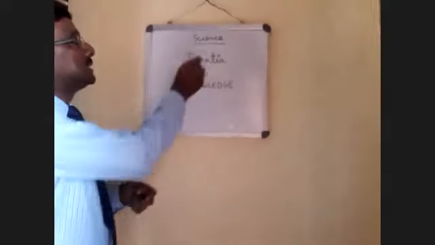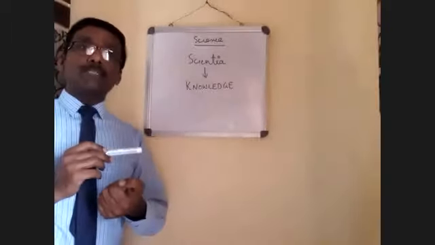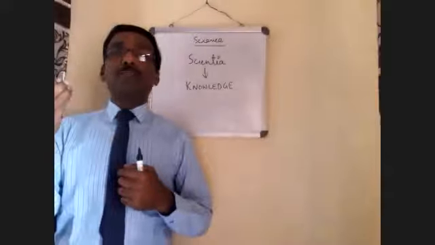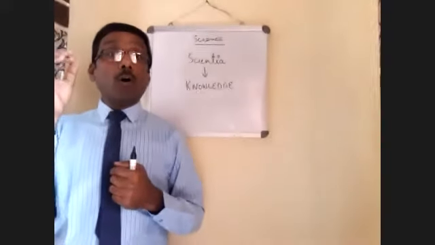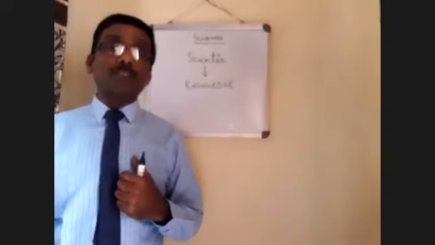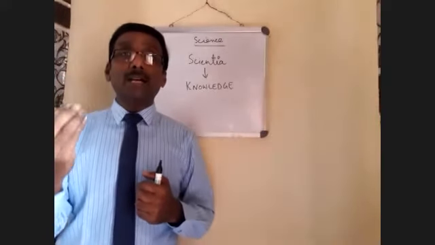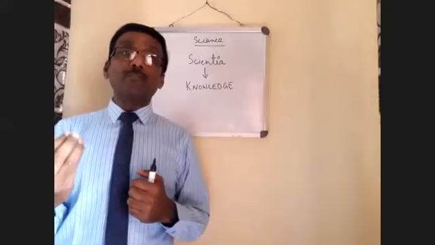Now here, science is derived from a Latin word scientia. The meaning of scientia is knowledge. So the subject known as science gives you knowledge, and with all the facts, all the observations, all the experiments you do, you can get all the theories proved.